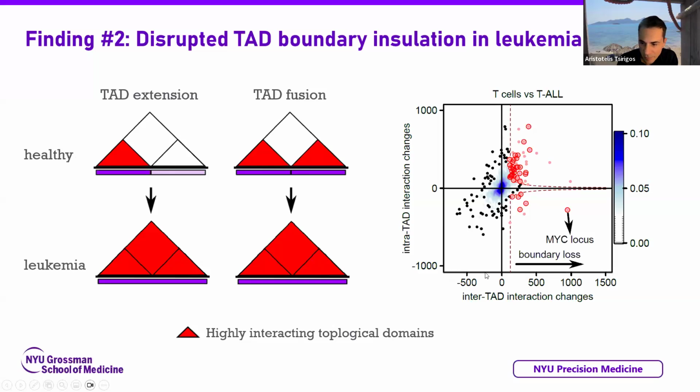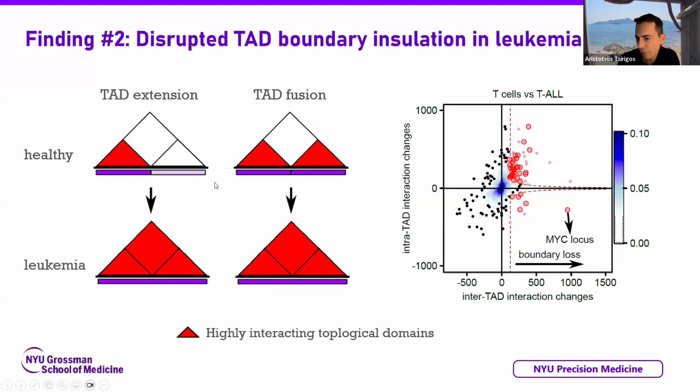And this is visualized here on the x-axis. On the x-axis, basically, what you see is the changes in interactions in this square between the topological domains. Now, we found through many analyses that we should also look simultaneously at what changes happen within these original, let's say, small TADs. But the basic metric is what happens between these neighboring TADs.